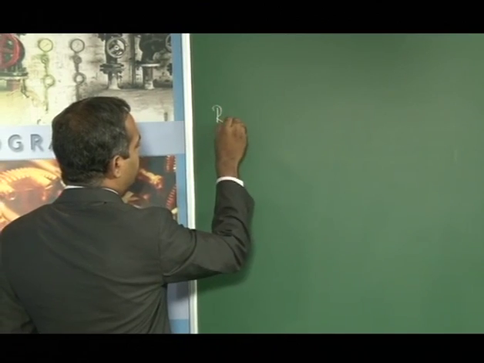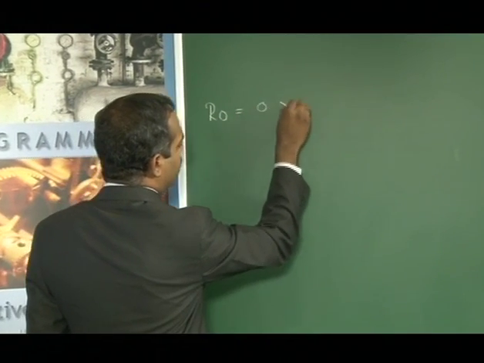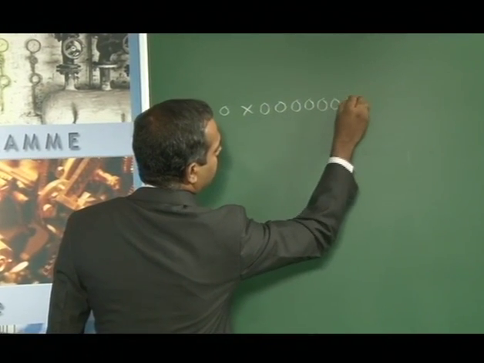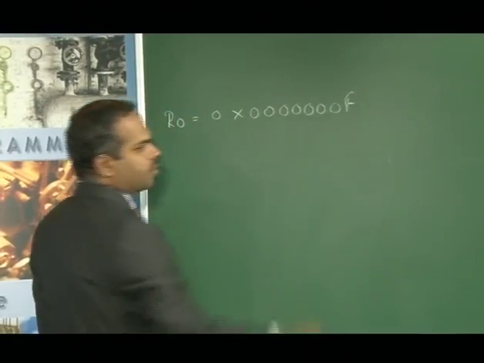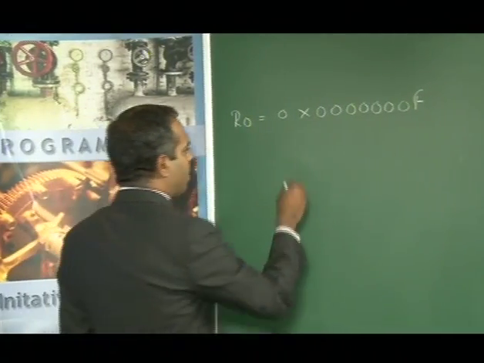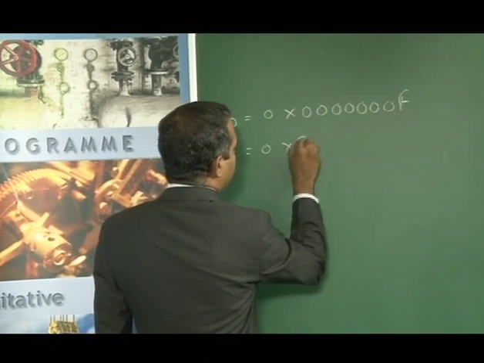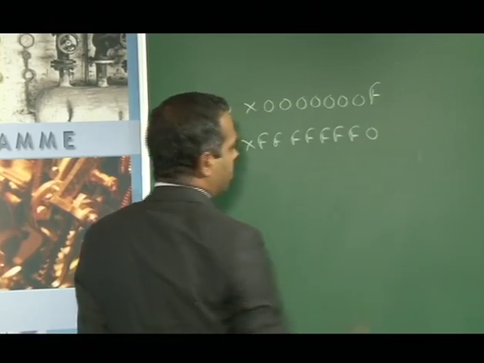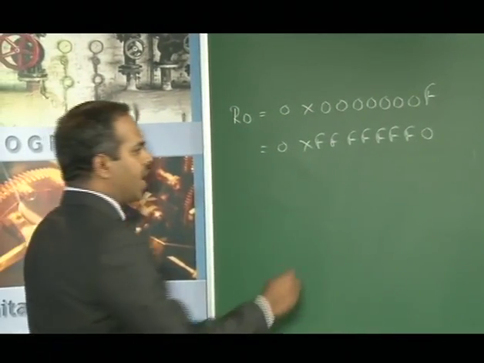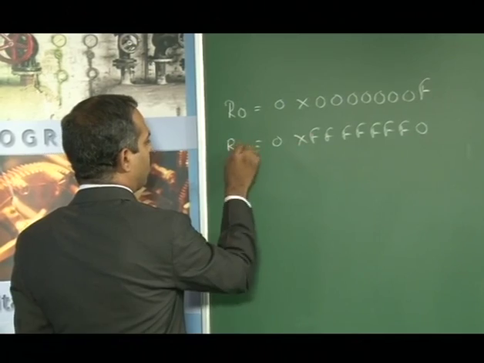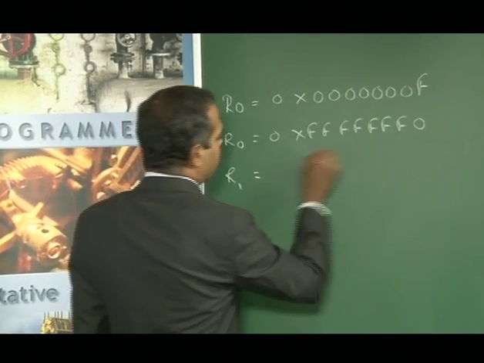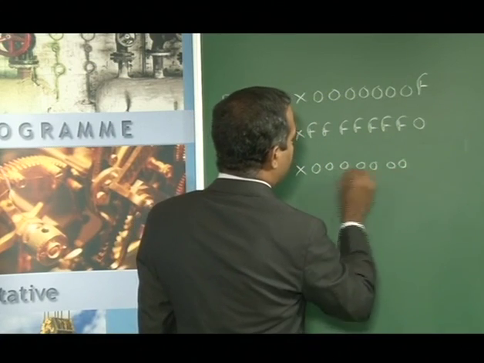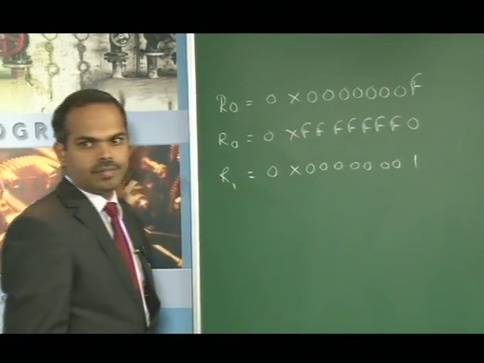Here the content of R0 is 0x, seven zeros followed by F. If I take the ones complement of this, it is 7F followed by 0, then ANDed with the content of R1. R1 is seven zeros followed by 1.